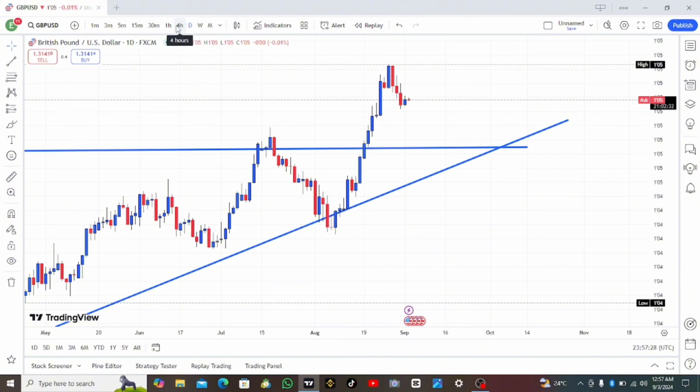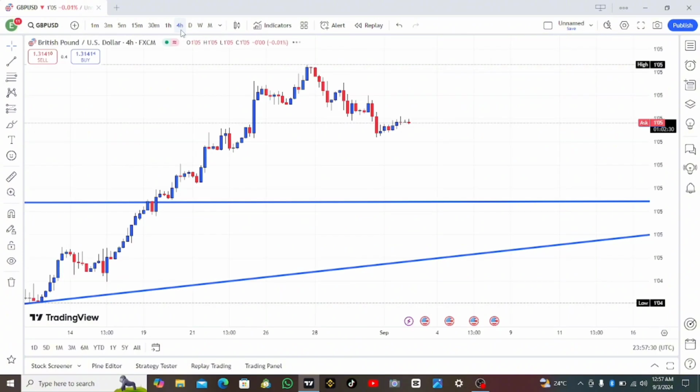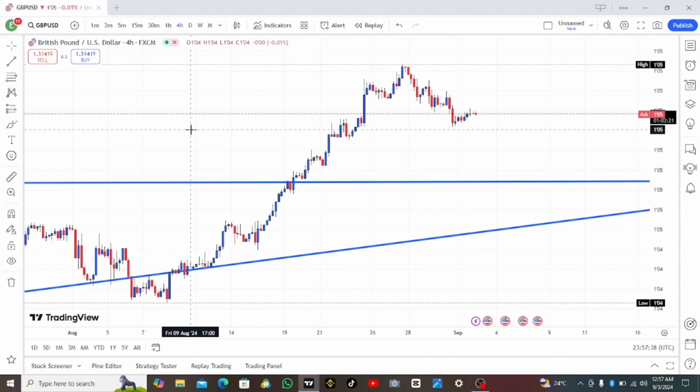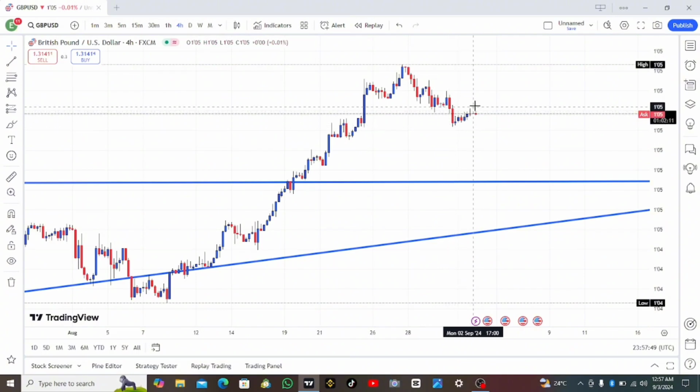So we switch to the 4-hour time frame to look for a minor support level where the market will possibly react from. Then on the 4-hour time frame, the reason why the market moved from this level to this resistance level is because of this minor support level from this area.